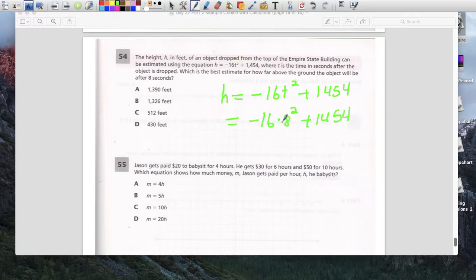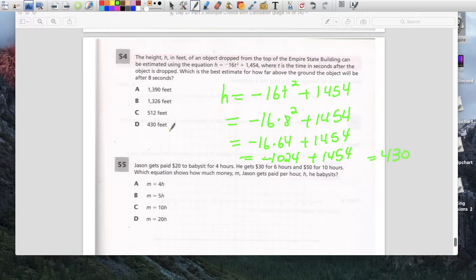I doubt you're going to see a question with negative numbers, so don't worry. I'm just doing this because it's there. So we get negative 16 times 64 plus 1454. 16 times 64 is going to give us negative 1024, and then we add that to 1454, and the final answer is 430 feet.